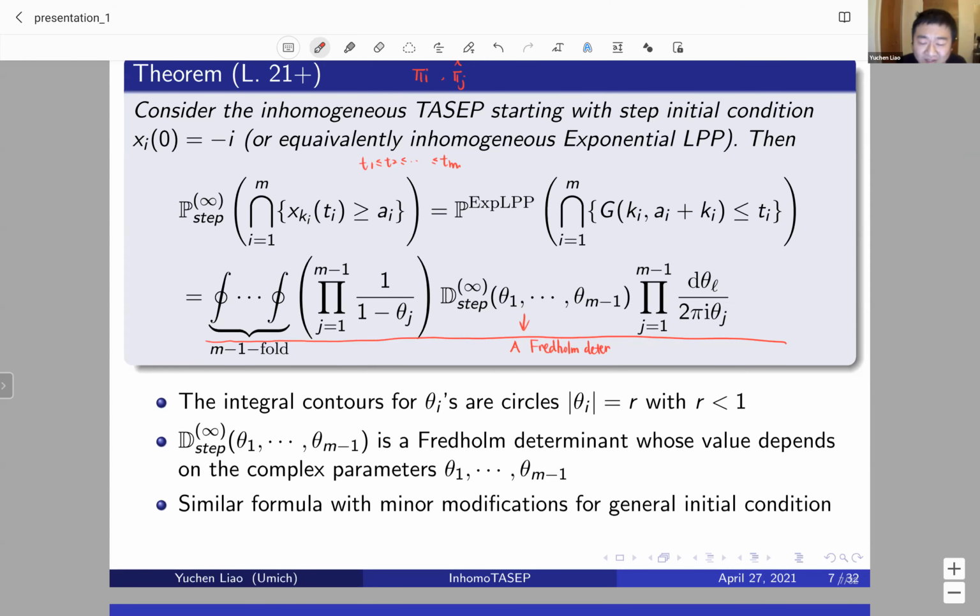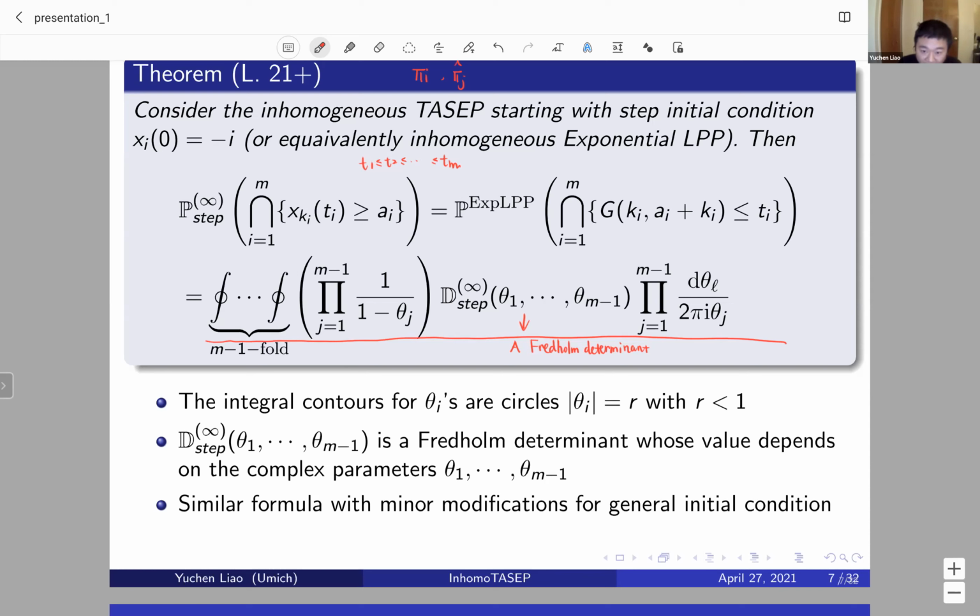And this theta enters this Fredholm determinant in some very minor way, essentially as a multiplicative factor. But it makes this Fredholm determinant a function of the parameters theta 1 through theta m-1.